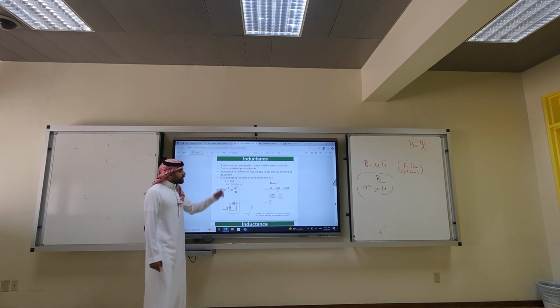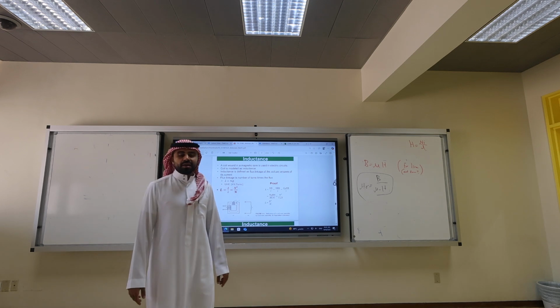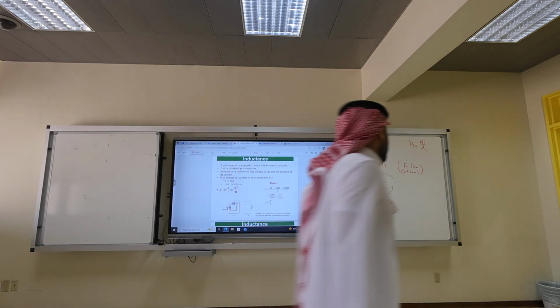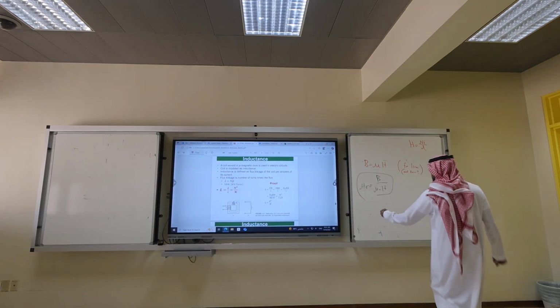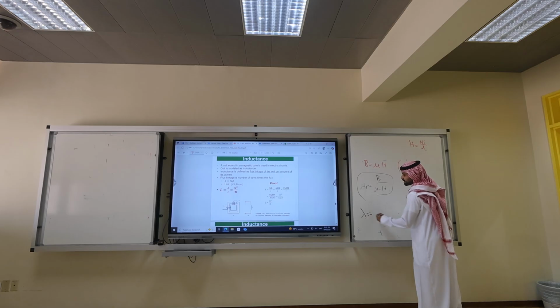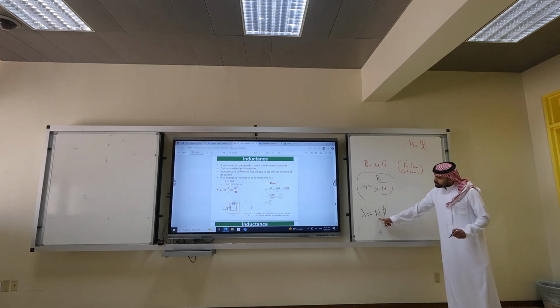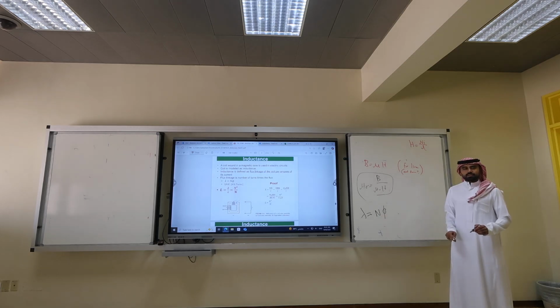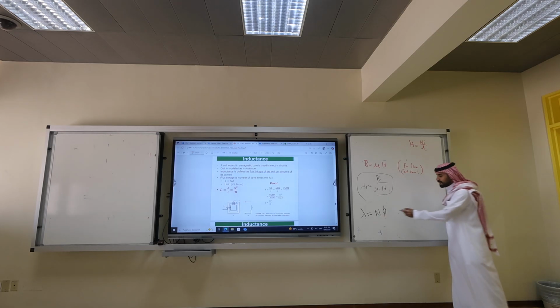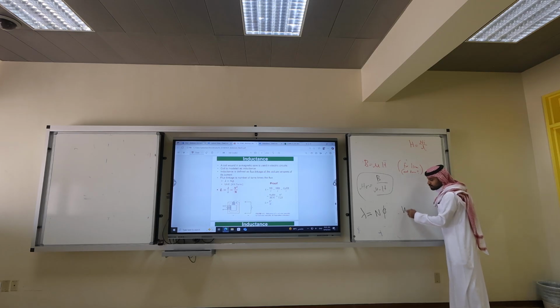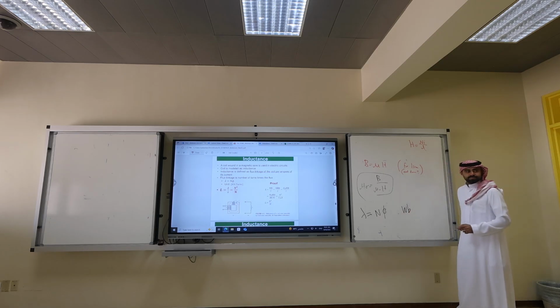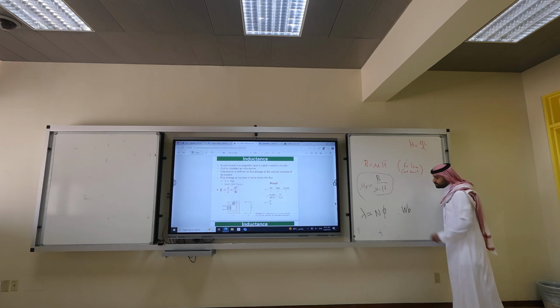Clearly, we need to define a new quantity called flux linkage. What is a flux linkage? N times the flux. It is the number of turns times the flux. What's the unit of the flux? Weber. What's the unit of N? So turns times Weber.